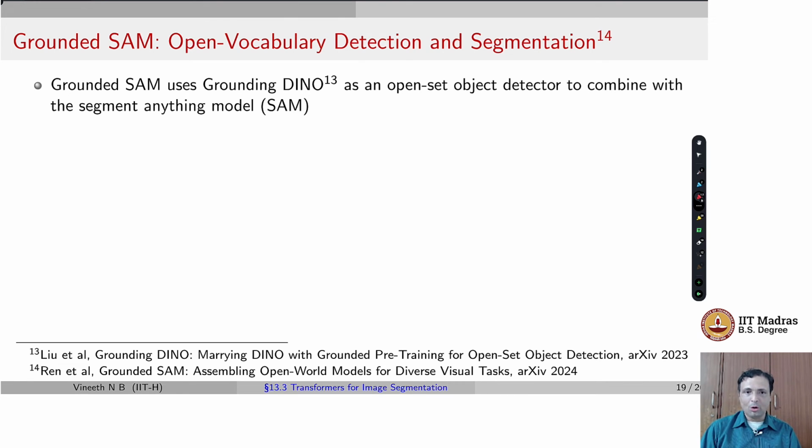This is what we typically call open vocabulary recognition, where the class labels or the vocabulary of class labels can be fairly open. Grounded SAM uses a method called Grounding DINO, we'll talk about this soon, which is an open set object detector and combines it with the Segment Anything Model.